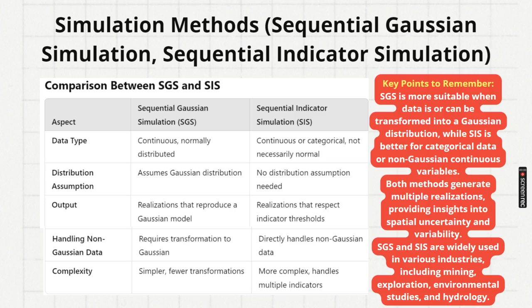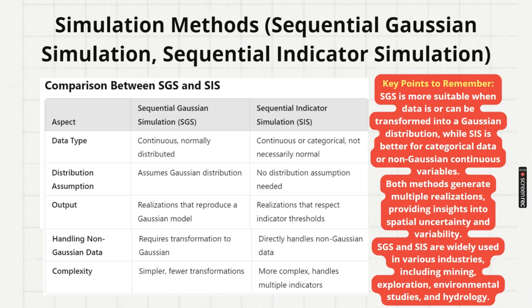Both methods generate multiple realizations, multiple probabilities, providing insights into spatial uncertainty and variability. From that, you will have to choose the most realistic output.